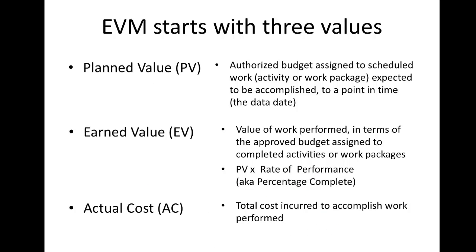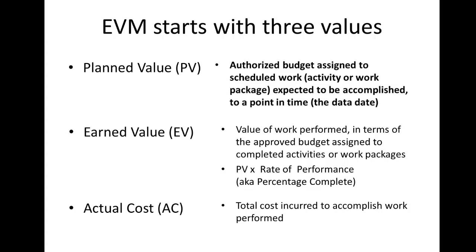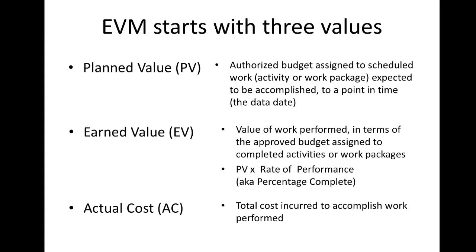Earned value management starts with three values: the plan value, earned value, and actual cost. Plan value is sometimes referred to as the budgeted cost of work scheduled. The total plan value of a project is actually the budget at completion, or sometimes referred to as BAC.